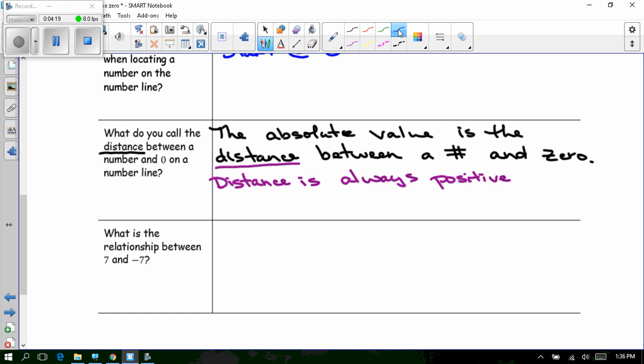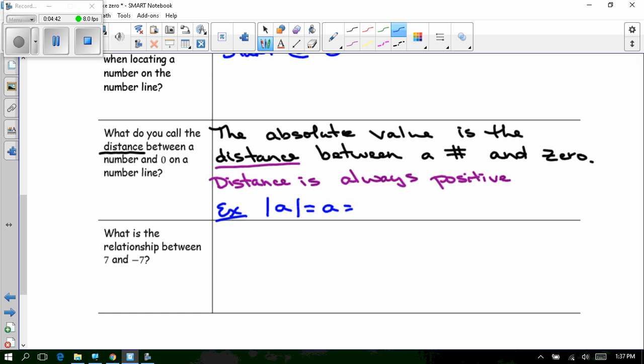Now, math people are super lazy. To write absolute value is a lot of writing for me, so we have this really crazy symbol that we use. It's a line, and then we put a number inside. I'm going to use the letter A, even though it's a letter, because it's going to represent any number. The absolute value of A is equal to A.